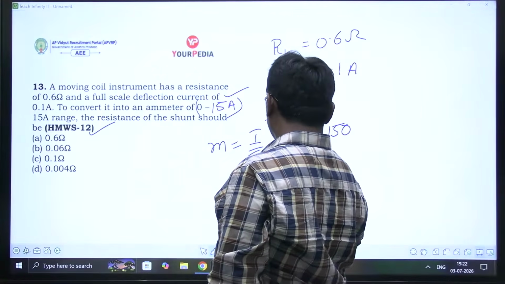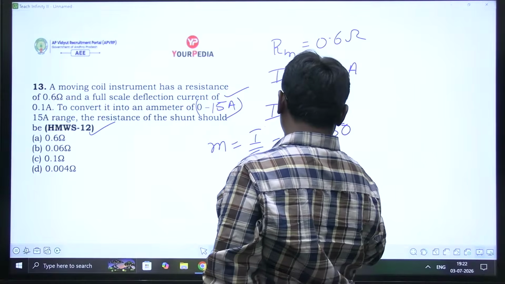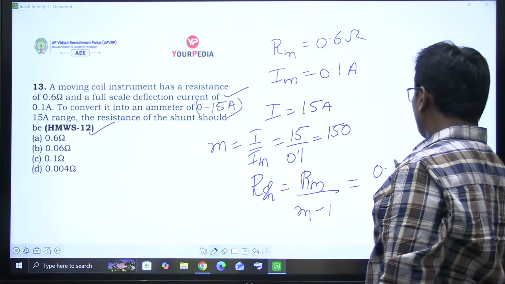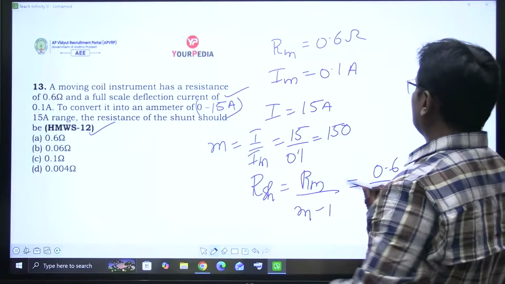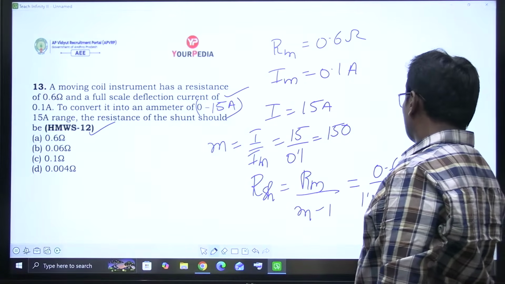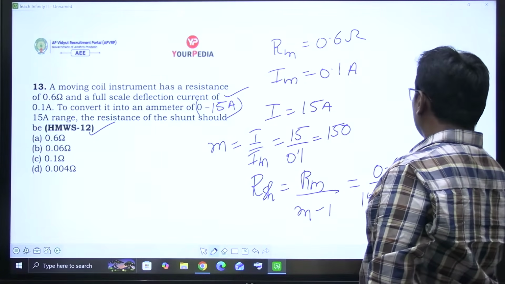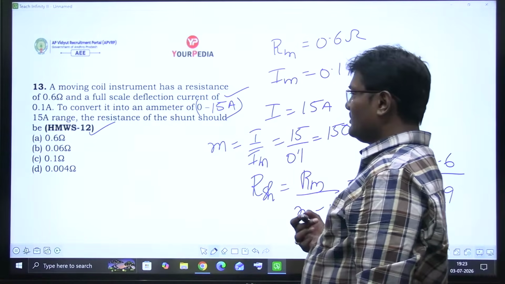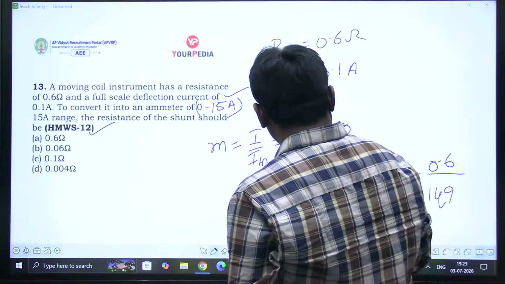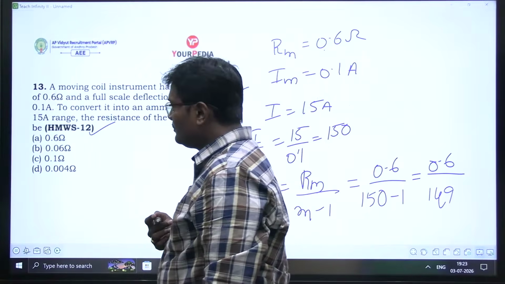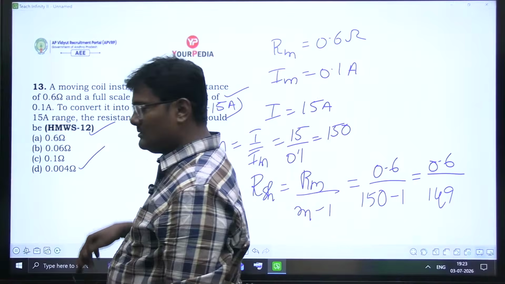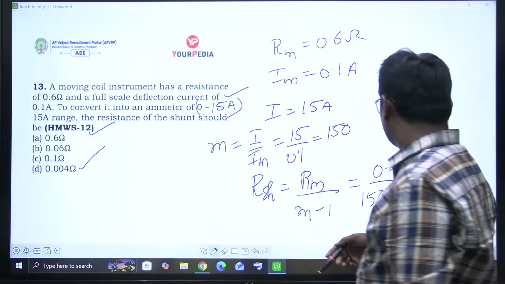RSH is equal to Rm by (M minus 1). The meter resistance is 0.6, M is 150, so 0.6 by 149, which is approximately 0.004 ohms. All of you got the same answer.